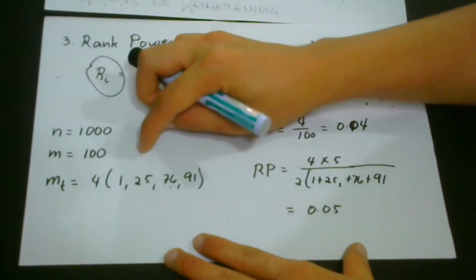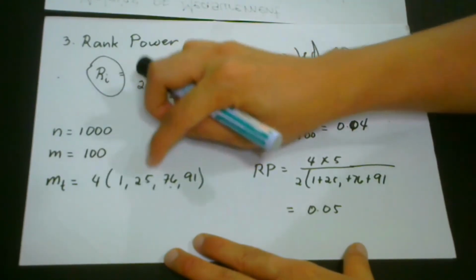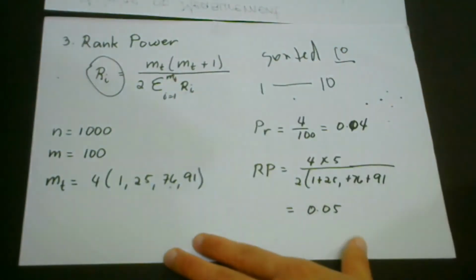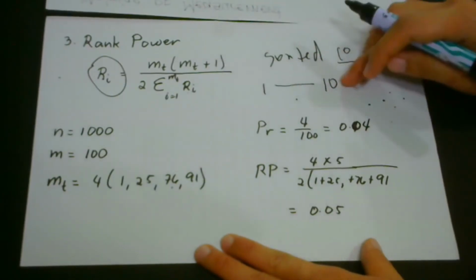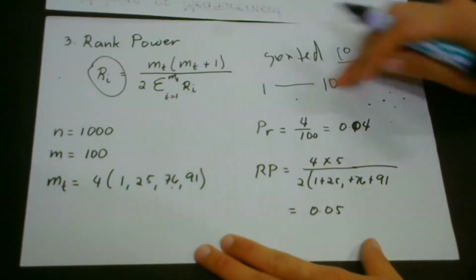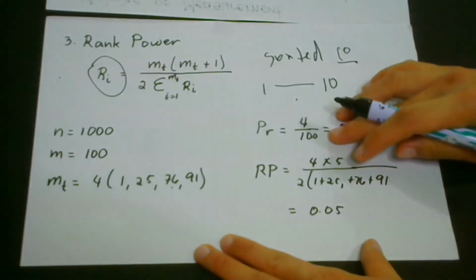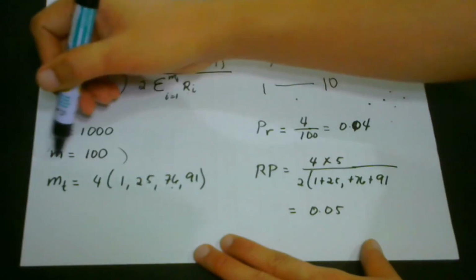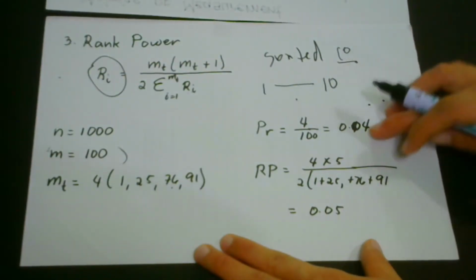These 4 are data point 1, data point 25, data point 76, and data point 91. How do we get the precision? It's very easy. We just divide 4, the true positives, by 100, the suspicious data points, and that gives us 0.04.